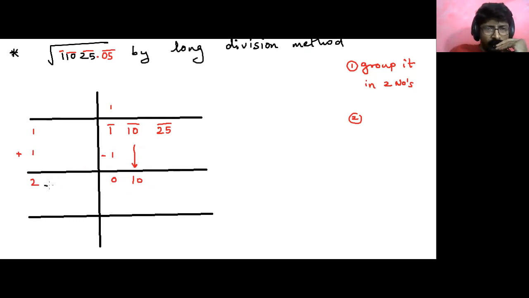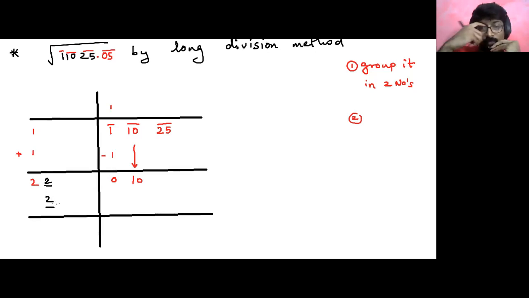Now the interesting part starts here. Whatever number we write over here, we'll have to multiply with the same. For example, if I write 1, I'll have to multiply 21 by 1. If I write 2, I'll have to multiply 22 by 2.